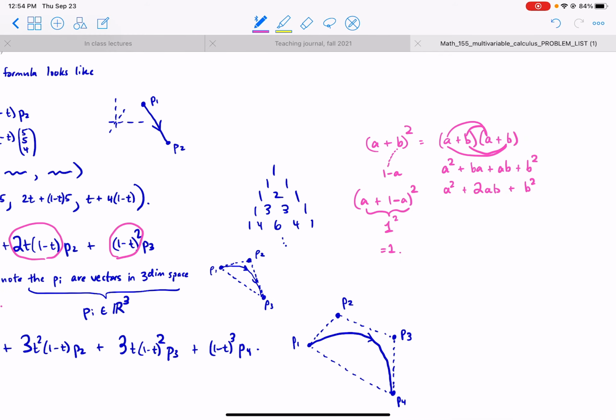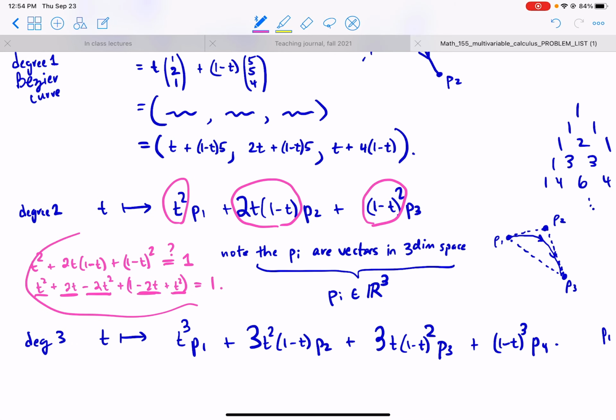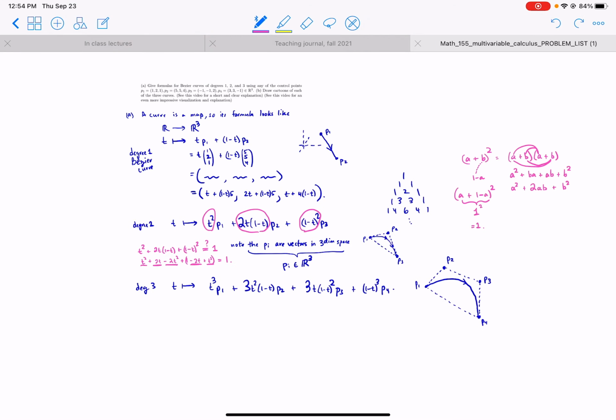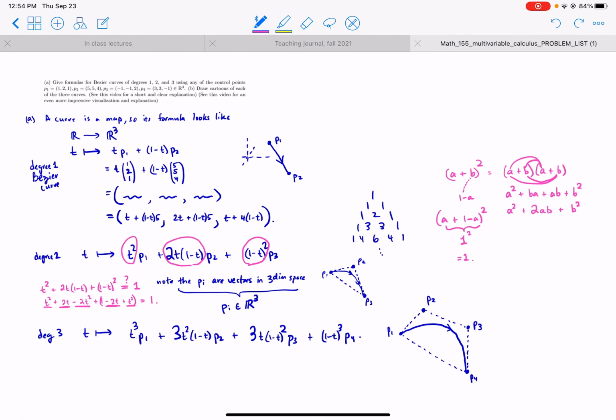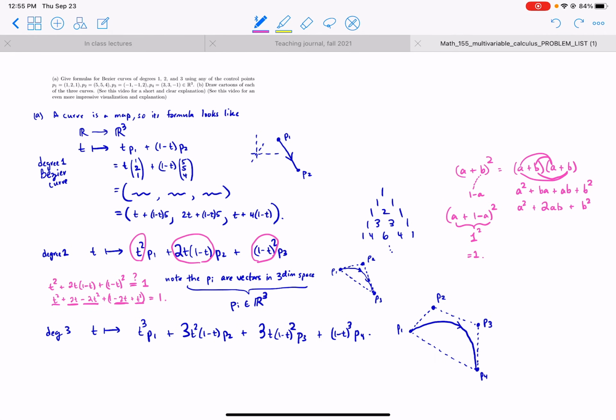And that is why this worked out, because secretly we were taking the number 1 and squaring it. And we wrote the number 1 as 1 minus a plus a, or 1 minus t plus t. Okay, so I just wanted to give some extra explanation of what's going on here.